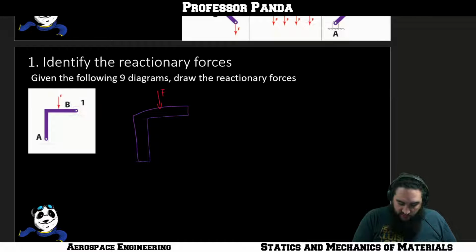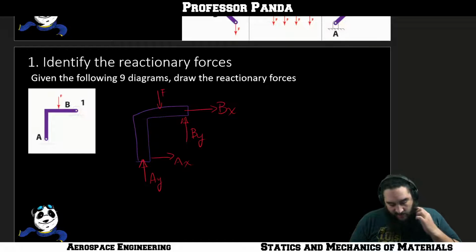So if this is attached with the pin, we're going to have a BX and a BY. I'll show you why that might not be necessary later. But A is definitely held on with a pin, so we can do AY and AX. Okay, so at connection point B, it's held on a roller to a pin. So let's draw the free body diagram of the roller over here.